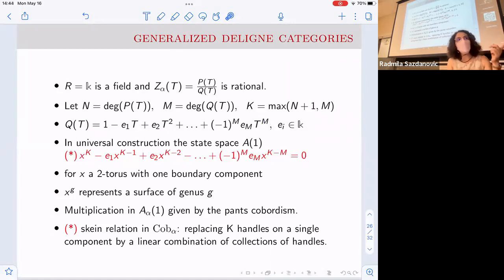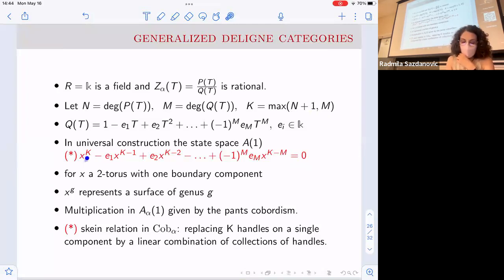So now if we go back and look at the universal construction, what this formula gives us when we combine everything is that in the space A of 1, of just one circle, we're going to have the following formula, right? When we take the quotient, I'm going to have x to some k, where k is again this maximal degree, and the powers will go all the way to k minus m.